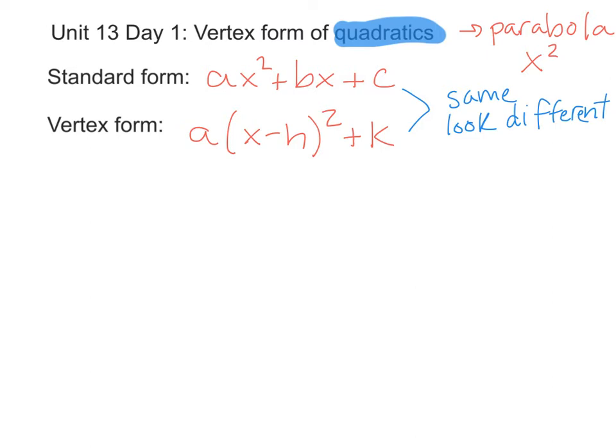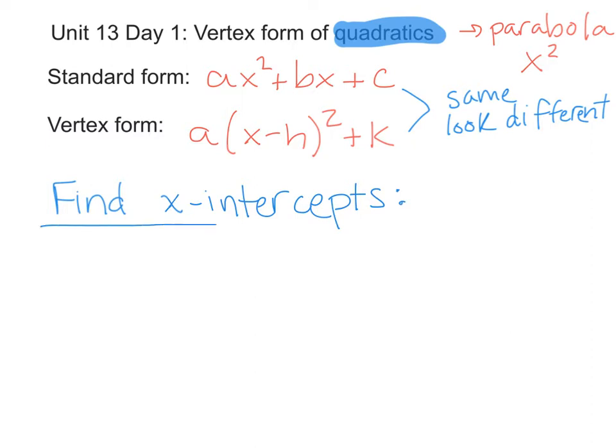So we're going to practice finding the x-intercepts. It's kind of like what we've been doing. So that's our goal.